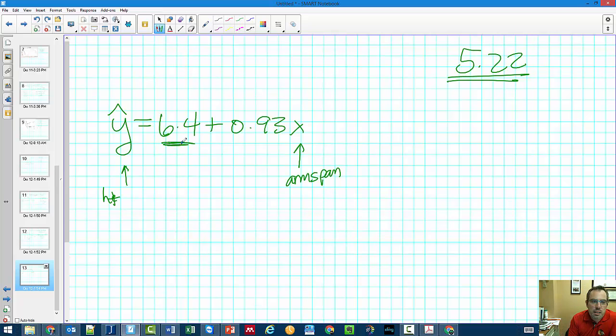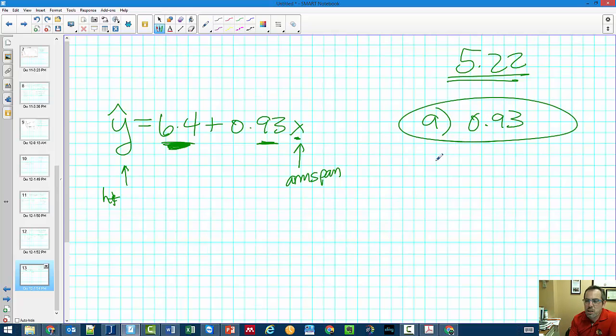So I start at about 6.4 centimeters, and I'm adding this much per centimeter. So this 0.93, the slope, letter A, is the correct choice for how much you're adding each time. A lot of people will pick 6.4, but remember, that's the baseline. If you had no arm span, you'd apparently be 6.4 centimeters tall.